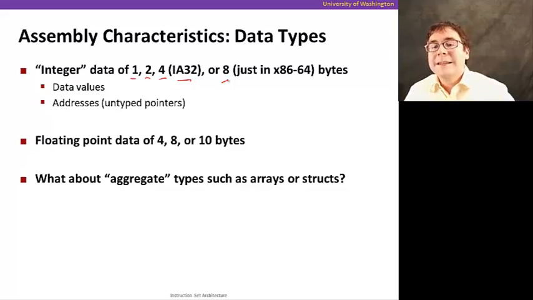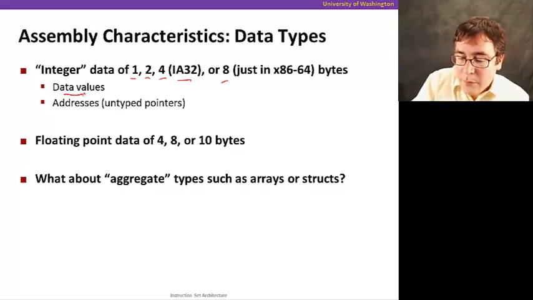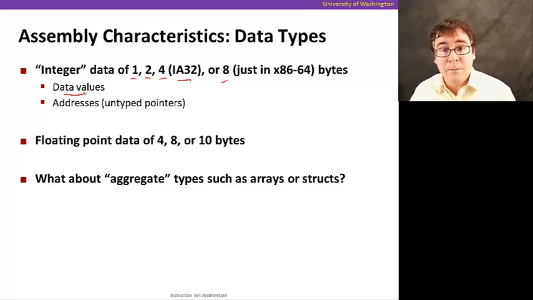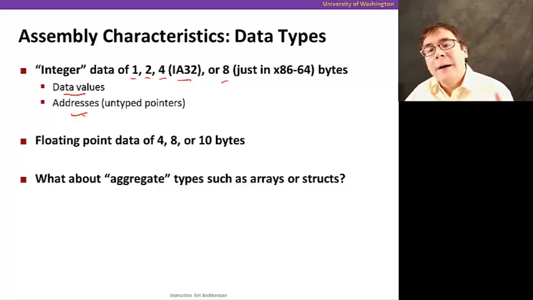Integer data holds both data values, meaning program data in the form of integers, as well as addresses. Note that data in assembly is essentially untyped. A register could hold an integer of a certain width, or it could hold an address. The register doesn't really know. It depends on how you use it, and that determines whether it's seen as an address or as a data value.